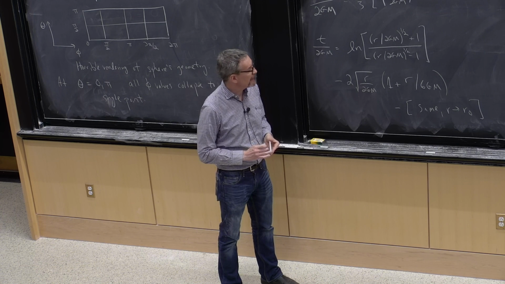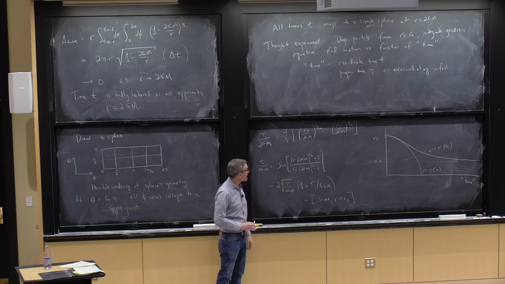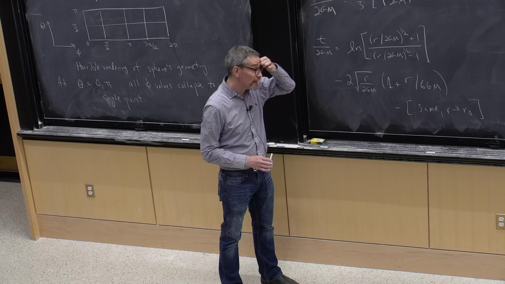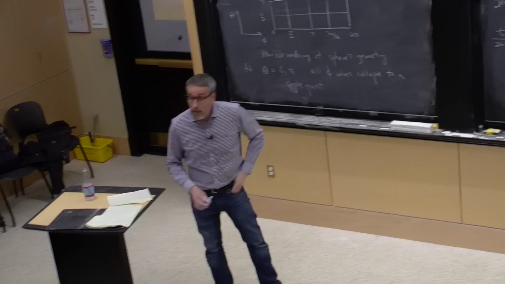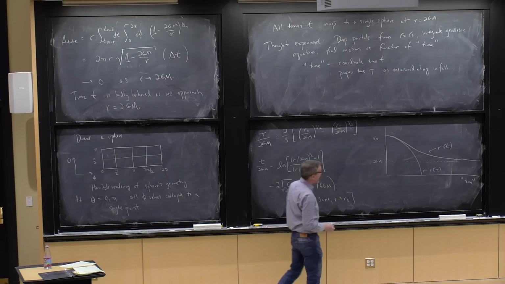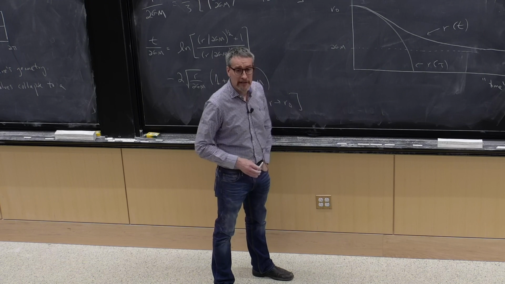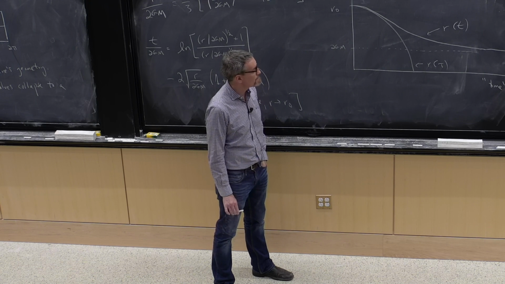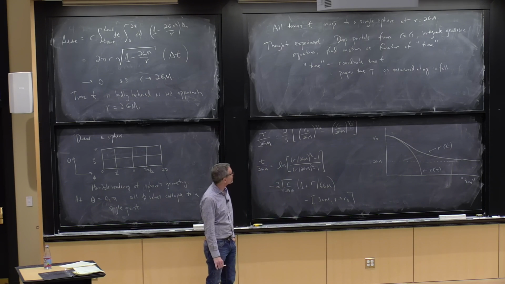You can sort of see it appearing in the behavior of this natural log: r gets to 2GM as t goes to infinity. So as measured by clocks on the infalling body, it rapidly reaches r equals 0. According to this coordinate time, it never even crosses r equals 2GM. What the hell is going on with that?